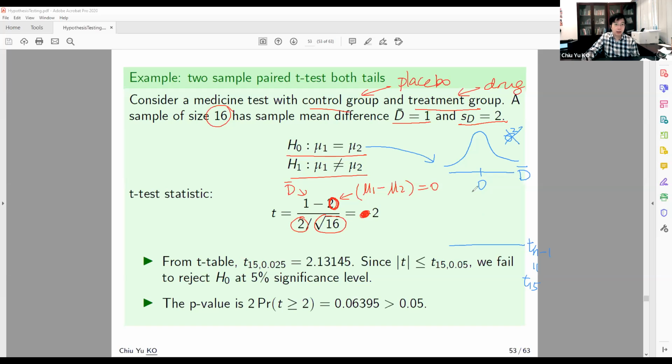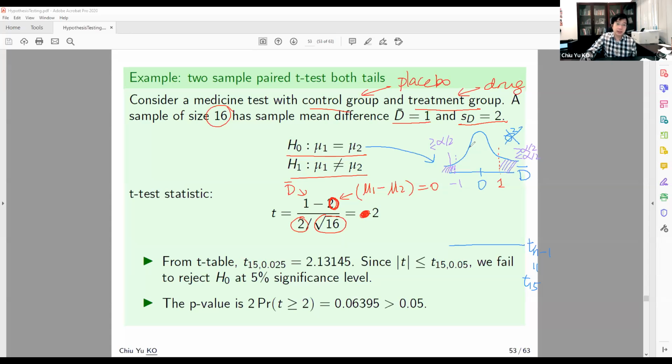The data we actually have is 1. We want to see two-sided, so we check the symmetric area, minus 1 and 1, whether it is bigger or smaller than alpha, which is 5%. Since it's two-sided, it's alpha over 2 on each side.